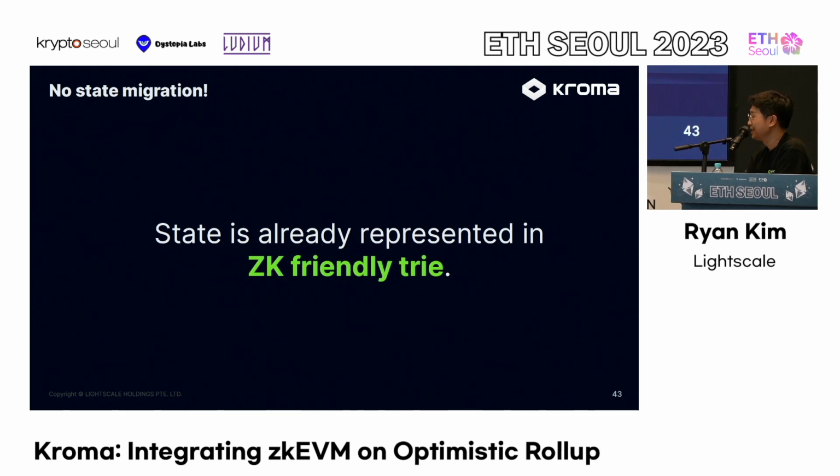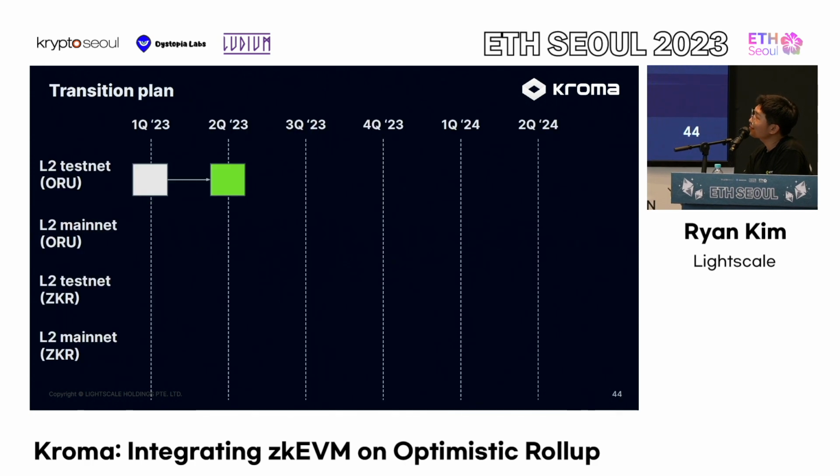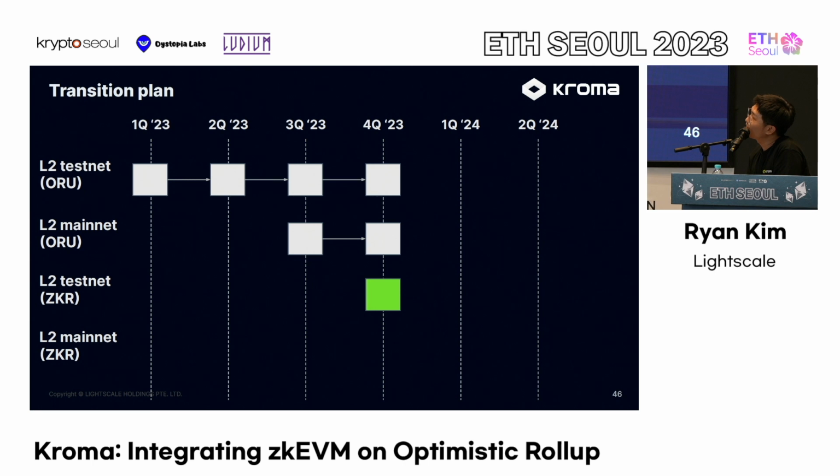Amazing, right? Let me share our status and plan. We launched our testnet last quarter, and we are now operating the testnet. In the next quarter, we are going to launch mainnet for the optimistic rollup version. In the last quarter of this year, we are going to launch ZK rollup testnet.